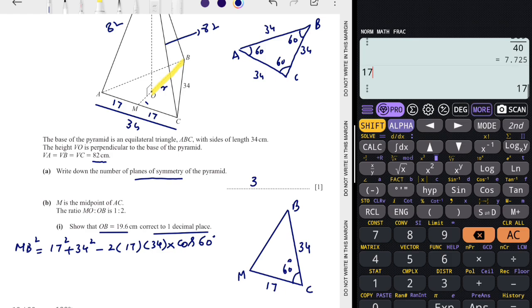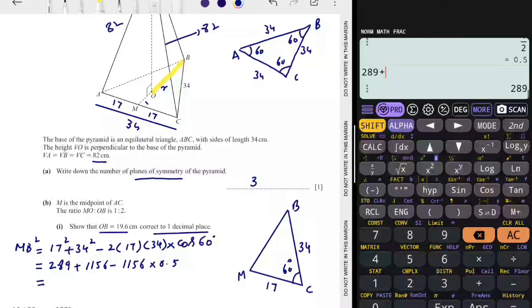The square of 17 is equal to 289 plus the square of 34 is equal to 1156 minus 2 times 17 times 34 is 1156 again times cos 60, that is 0.5.